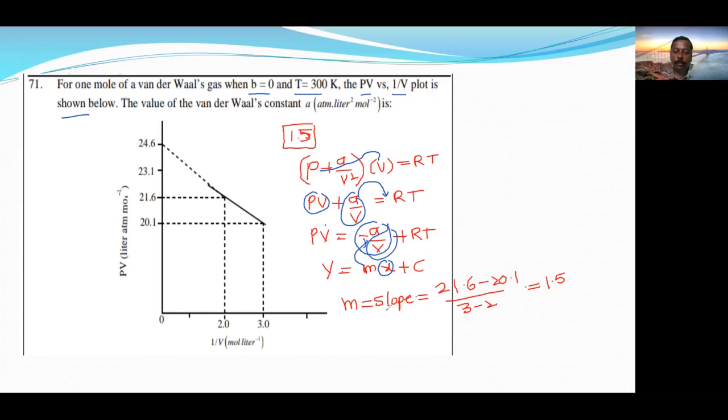So slope is equal to, see what this is, 21.6 minus 20.1 divided by 3.3 minus 2, that is equal to 1.5. Slope is 1.5 we are getting. Good question, a combination of mathematics and states of matter. So let's see the next question. Take a screenshot. Then let's do the next question.